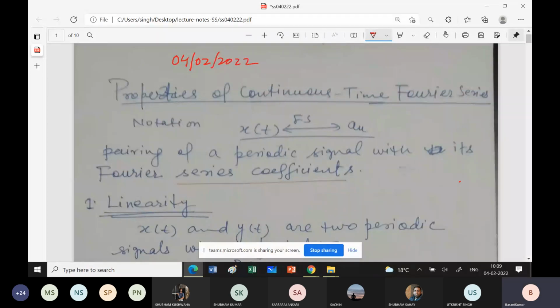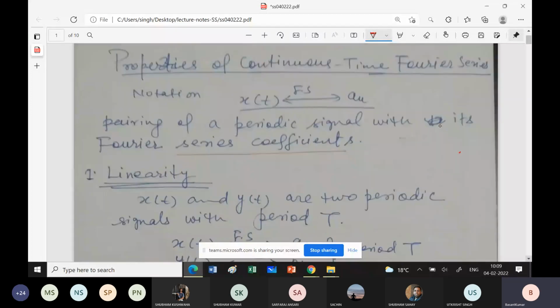So we will quickly go through some of the properties of the Fourier series representation for continuous time periodic signals. Suppose x(t) is the signal which is going to be represented using Fourier series, and a_k are the coefficients.